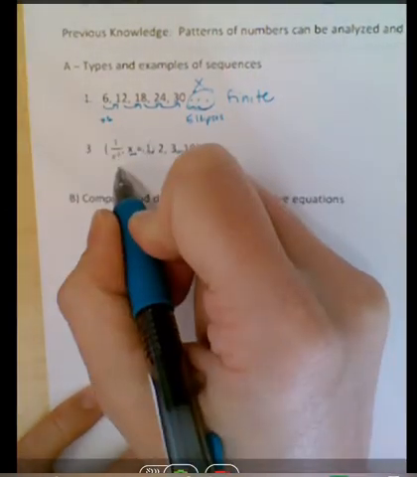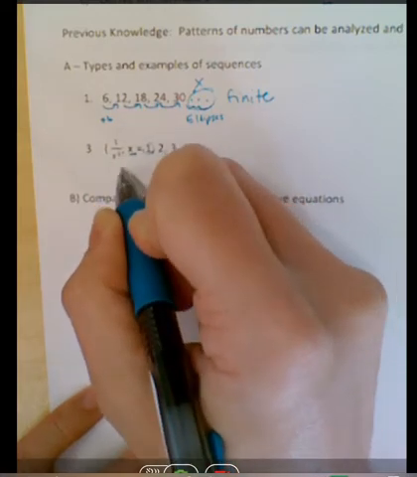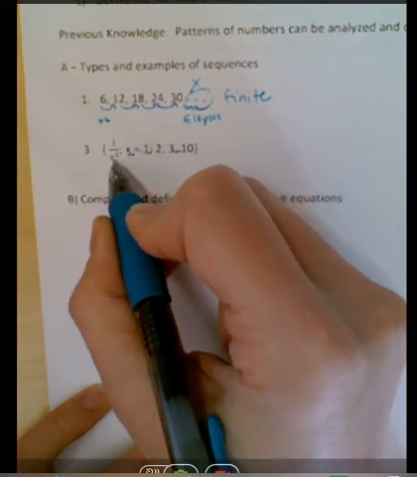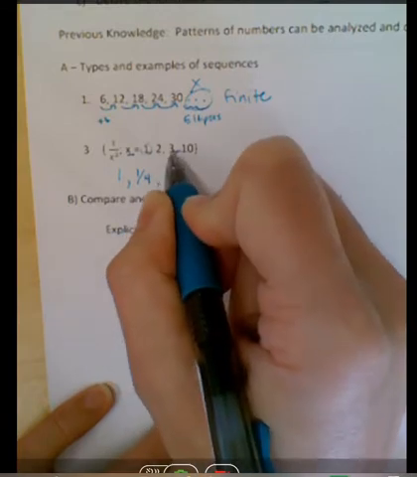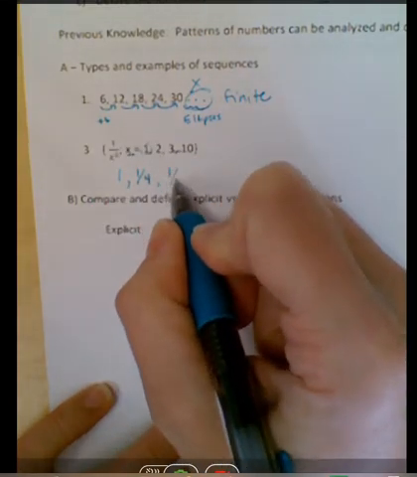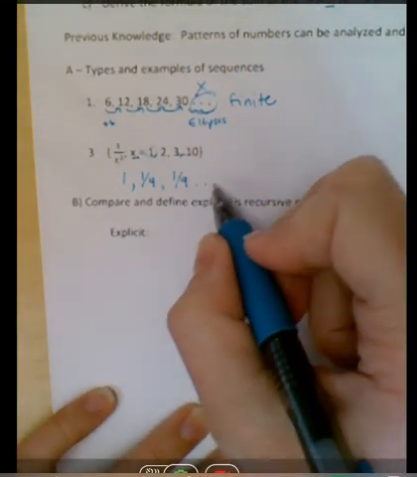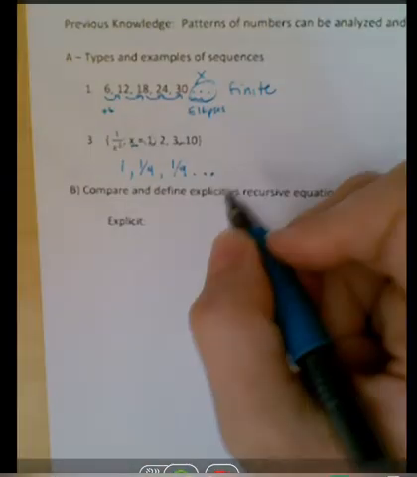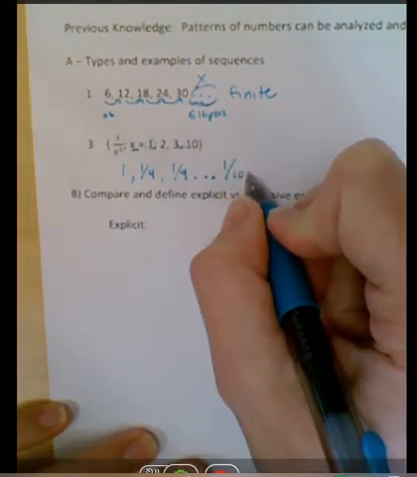So, for example, the first number of this series would be 1 over 1 squared. So the first number would be 1. Then I would take 2 and plug it in. 1 over 2 squared is 1/4. 3 in here would be 1 over 3 squared, which would be 1/9, all the way up to, you could do the 4 and the 5 and the 6, but we're going to just say that this pattern continues until we reach the 10th number, which would be 1 over 10 squared, or 1 over 100.